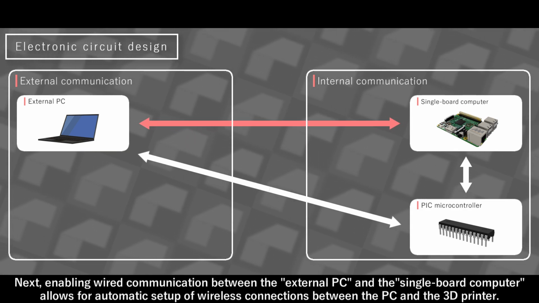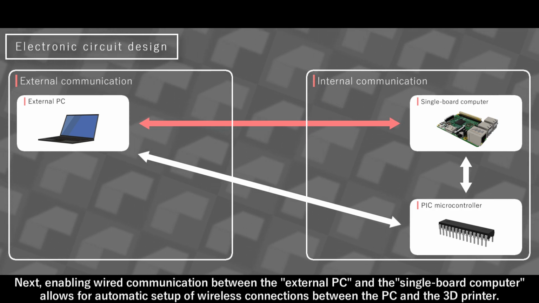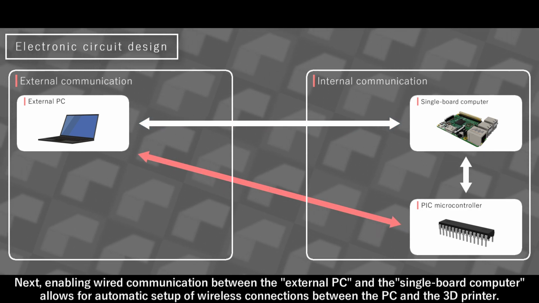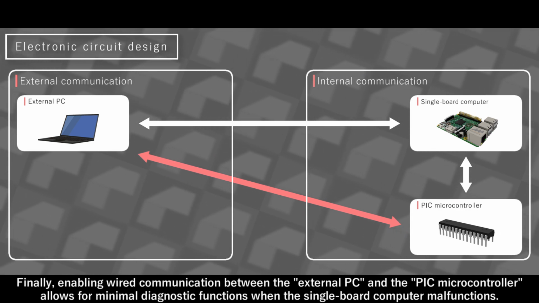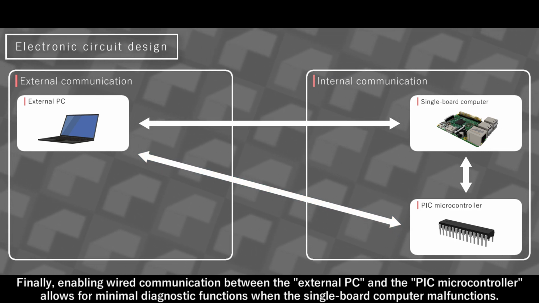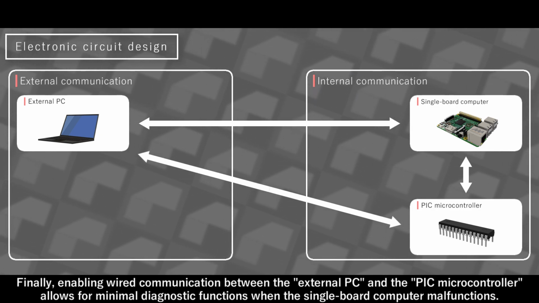Next, enabling wired communication between the external PC and the single-board computer allows for automatic setup of wireless connections between the PC and the 3D printer. Finally, enabling wired communication between the external PC and the PIC microcontroller allows for minimal diagnostic functions when the single-board computer malfunctions.